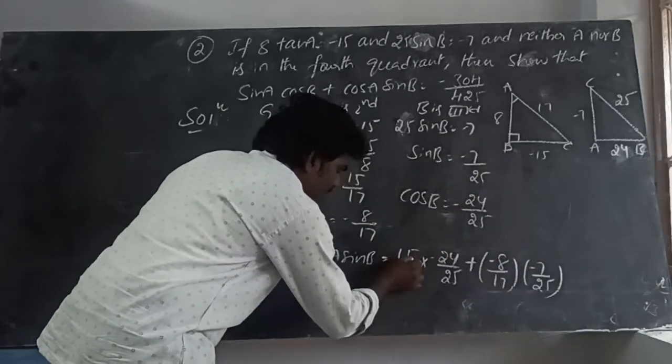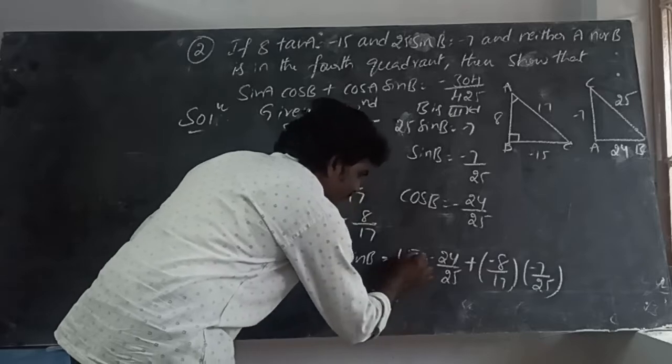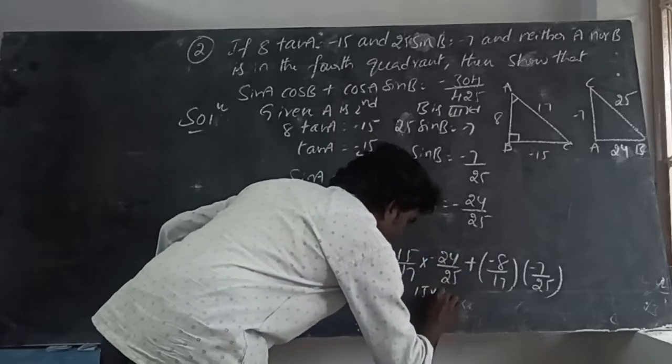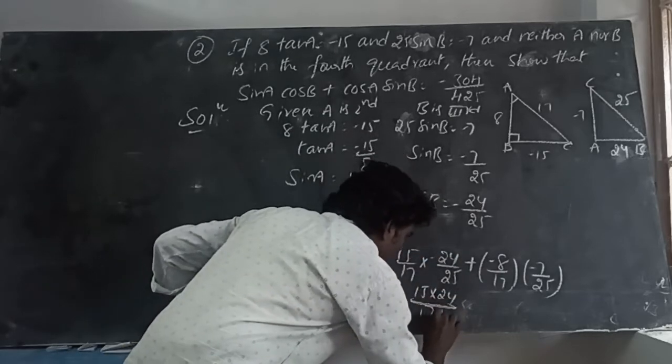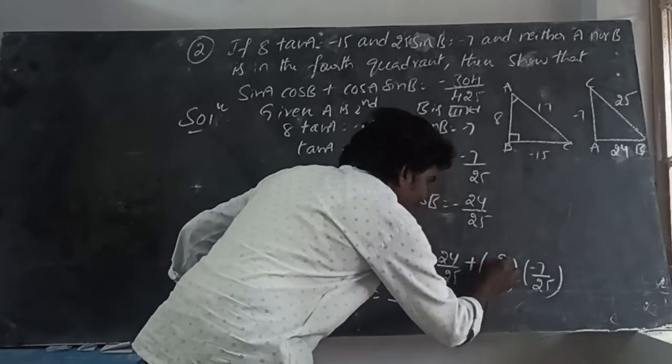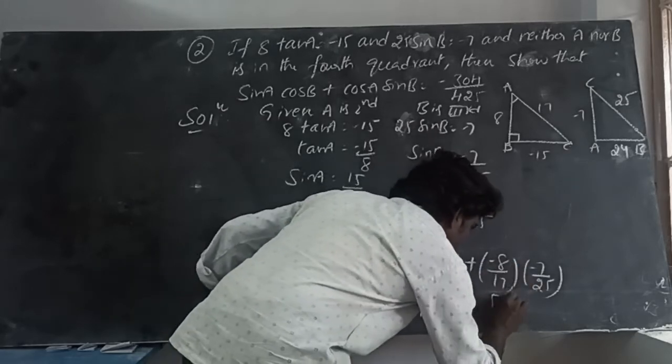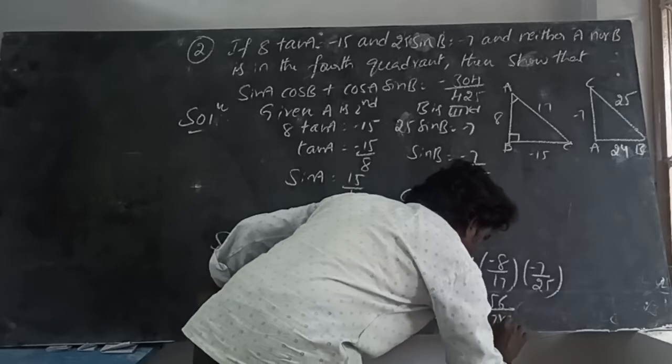So here plus into minus is minus: minus 15 into 24 by 17 into 25, plus minus into minus is plus, 8 into 7, 56 by 17 into 25.